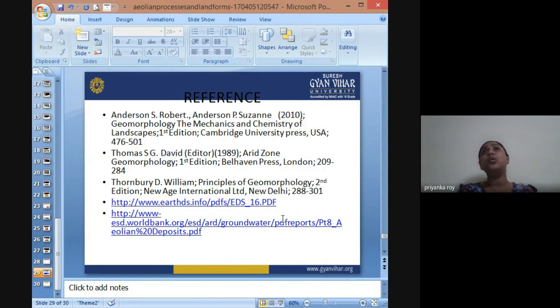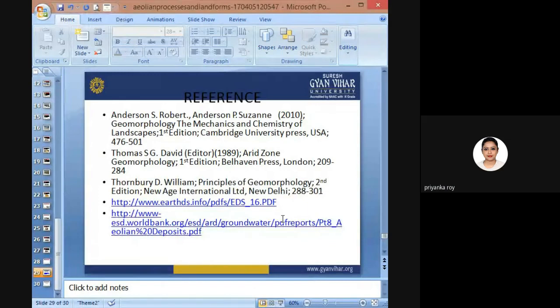If you want to learn more about land features and geomorphic features, specifically exogenetic ones, you can take up these books as a reference. Thomas and David S. G. also explained arid zone geomorphology very nicely and clearly, so you can go and read them anytime.